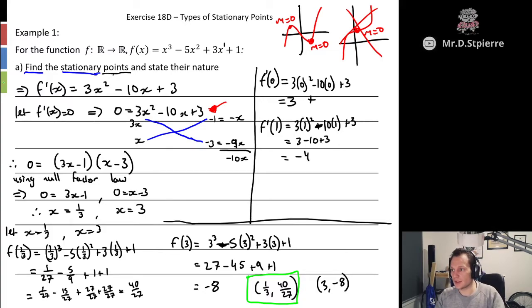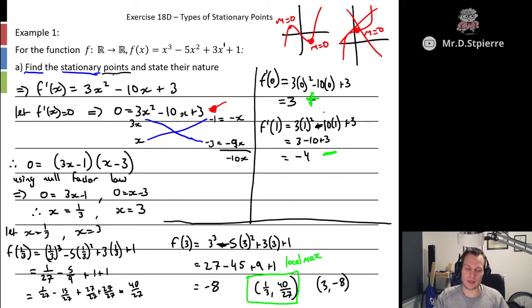The key thing, that first one was positive, this one is negative. So we have a positive gradient, then a 0 gradient, then a negative gradient. So up, 0, down. That must mean this one is a local max.